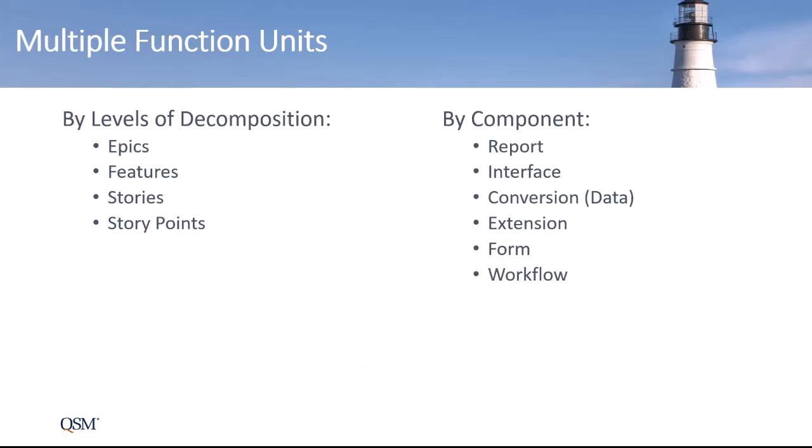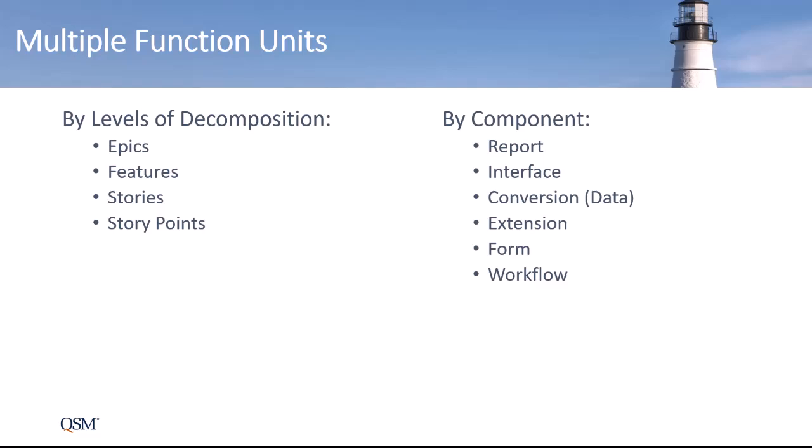Multiple function units are often used to quantify software size for one project or release because they express the level of decomposition. Where you are in the project lifecycle dictates the data you have available. For example, epics can be broken down into features, which are further divided into stories and estimated using story points. We'll discuss sizing across the lifecycle in a future video.